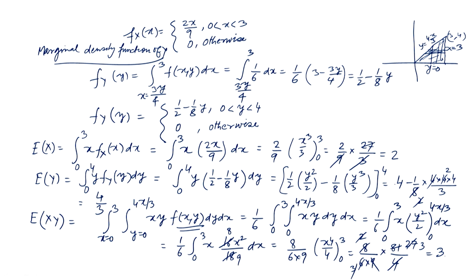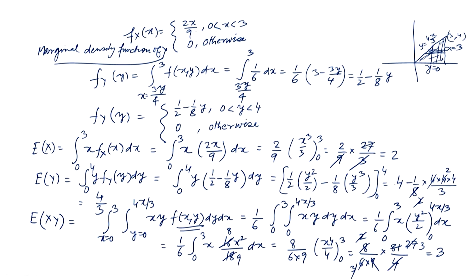Now, we need to find expected value of x square, expected value of y square. So, expected value of x square is integral 0 to 3 x square into f_X(x) dx. And f_X(x) we have found to be equal to 2x by 9 over the interval 0 to 3.